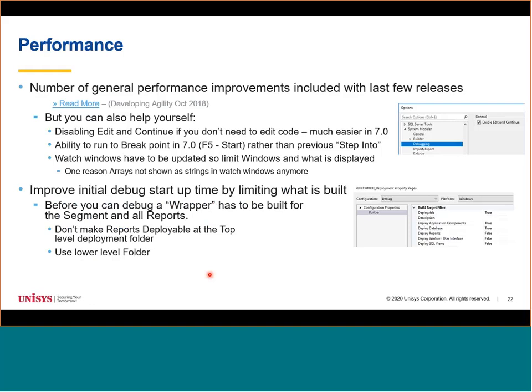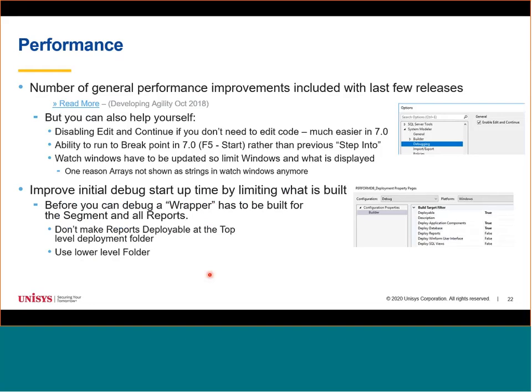So above the segment, you create a deployment folder, and in there you would say what objects you want to be able to deploy. So normally you would say the application components and the database. If you say reports, when you start Debugger for the first time, it will build a wrapper for every single report. And whilst individual wrappers don't take very long, if you've got 1,000 reports, it's going to take 20 minutes to build all of those wrappers the very first time you use it.